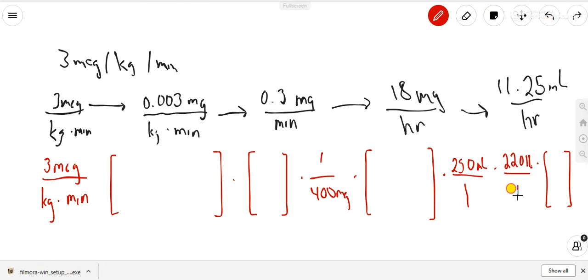And so now you can see that all we have to do is just remember to think of our problem. Remember, it's a rate. This is our ordered rate. And this is our total medicine available.